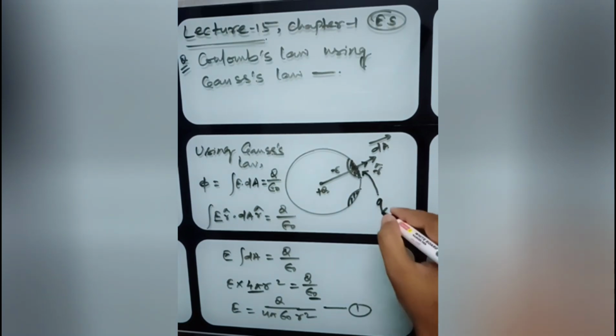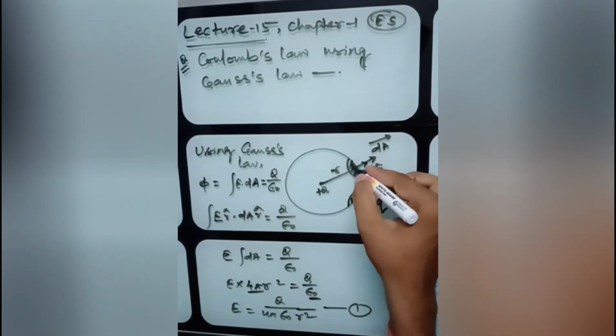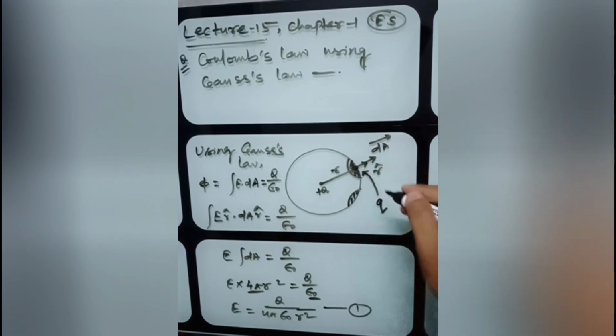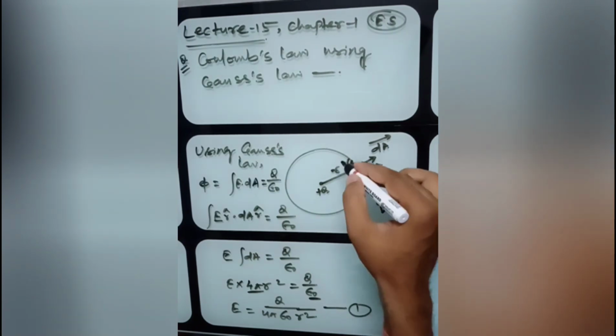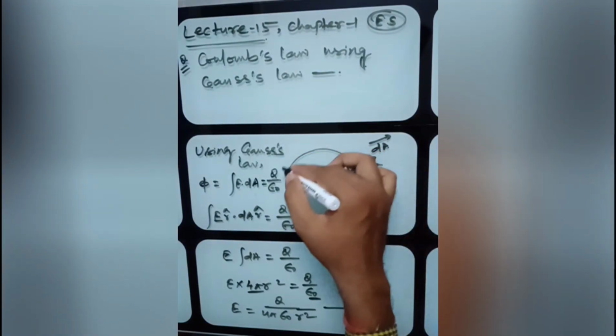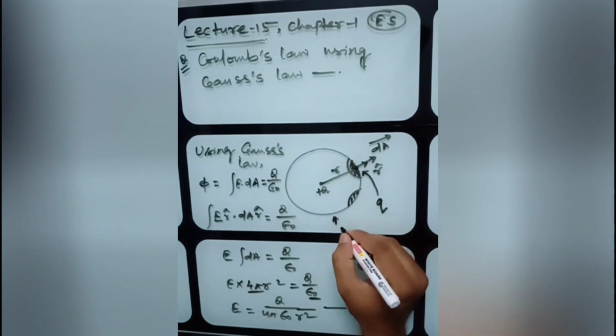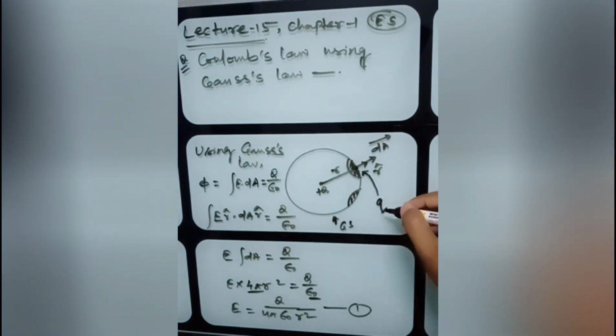We place a small charge q here at the surface. Remember, this is the imaginary Gaussian surface we have taken. Now we place a point charge at this surface.